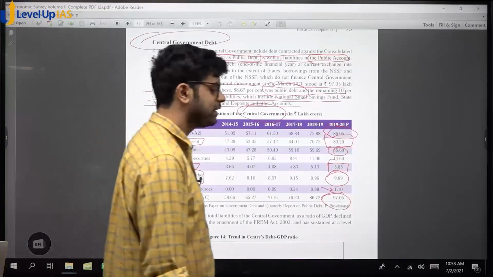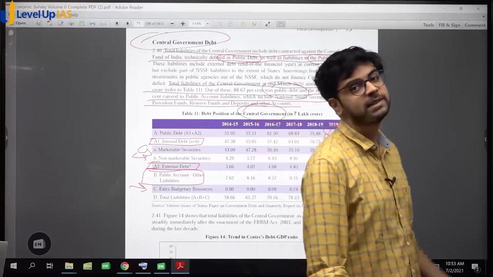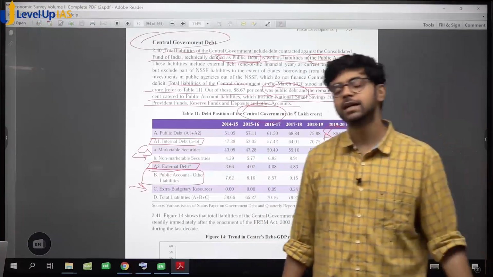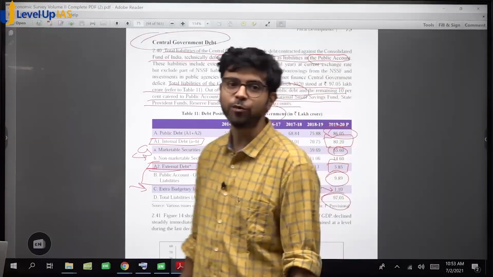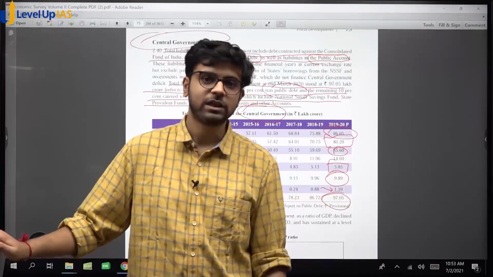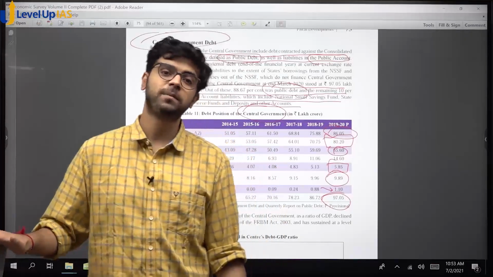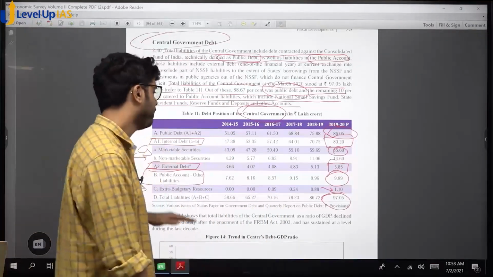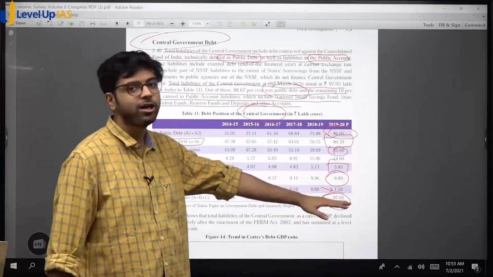Extra budgetary resources are borrowings of public sector undertakings. Remember, I told you when government cannot borrow, it tells its children that you borrow and I will use. Remember, extra budgetary borrowings or extra budgetary resources, EBR. So EBR is 1.1. This is not calculated in the deficit.